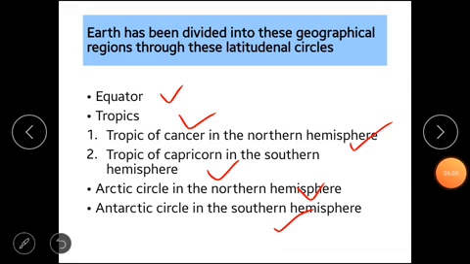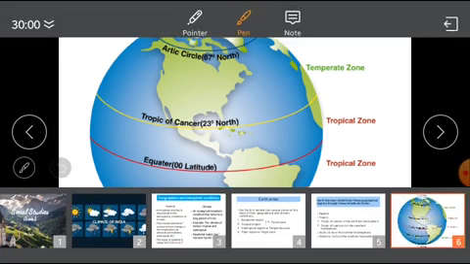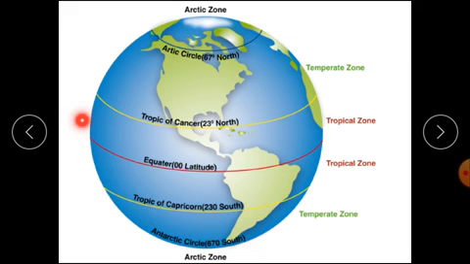Now we'll discuss this with the help of a diagram to make you understand it better. Our Earth has been divided into two equal parts by a line in the middle, which is called the equator.